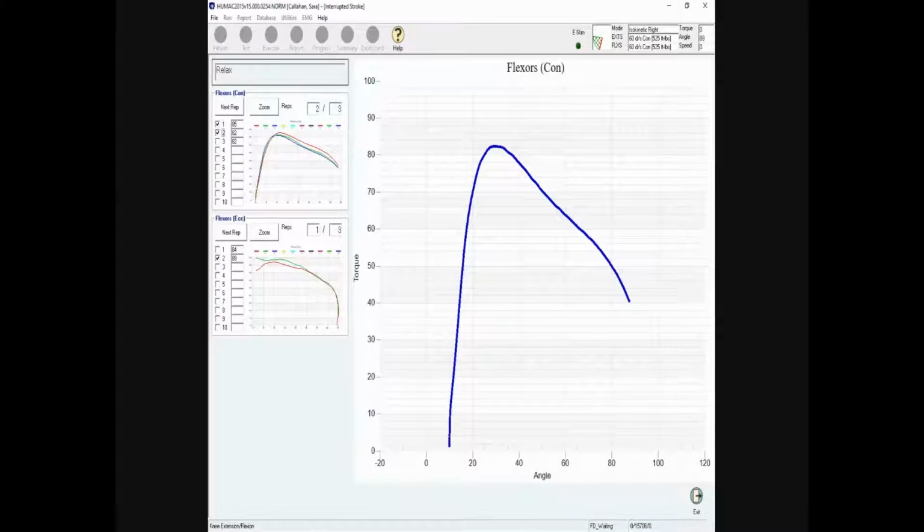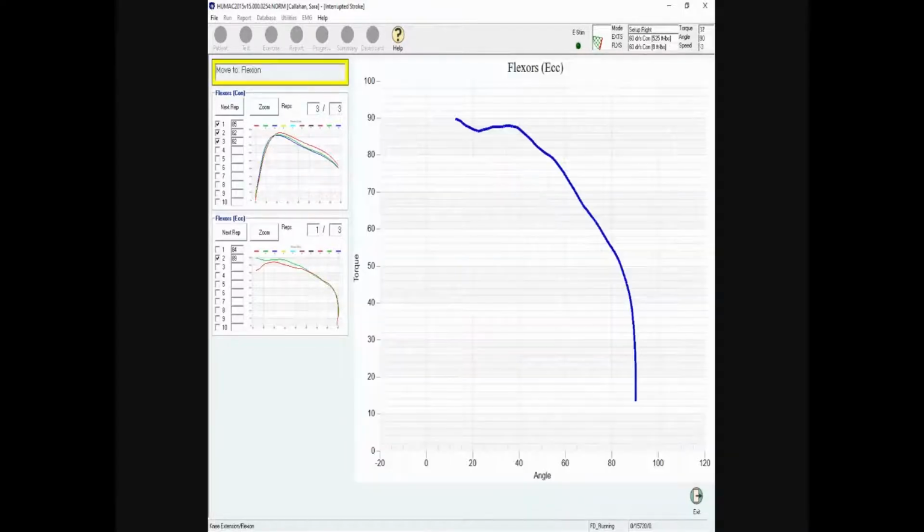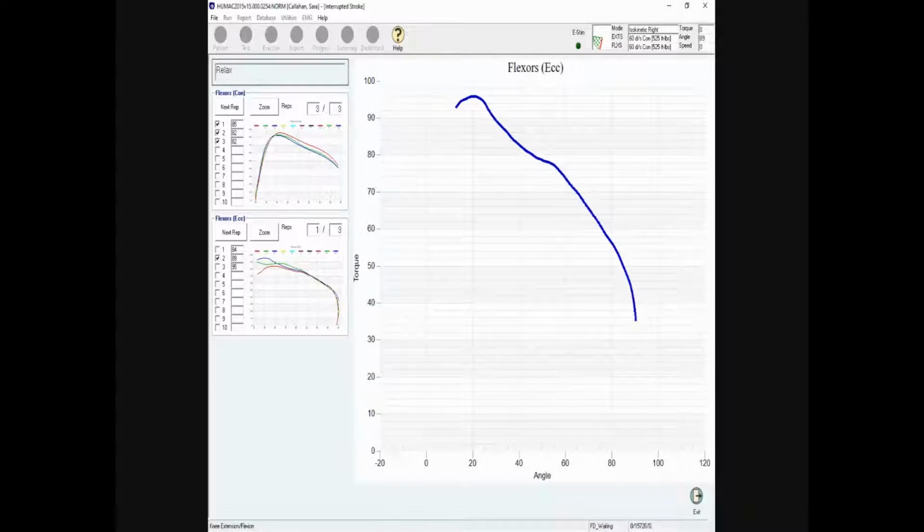Now I like all 3 of her concentric reps. The torque amount is good, the curves match each other closely, so I selected all 3. Also, that last eccentric rep was good, so I clicked next to rep 3 also.